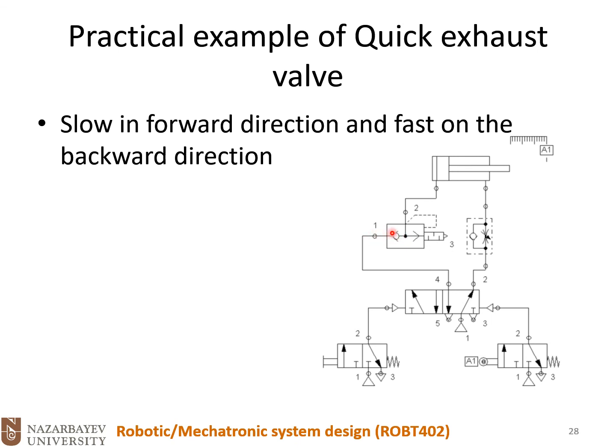So we will close the port 1 and the air will be exhausted quickly through this muffler to the atmosphere. So when we use this type of quick exhaust valve, we could achieve the highest possible speed, and we could reduce the, let's say, friction loss in the airline.